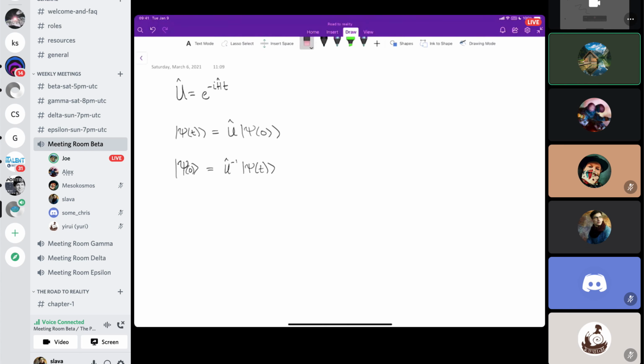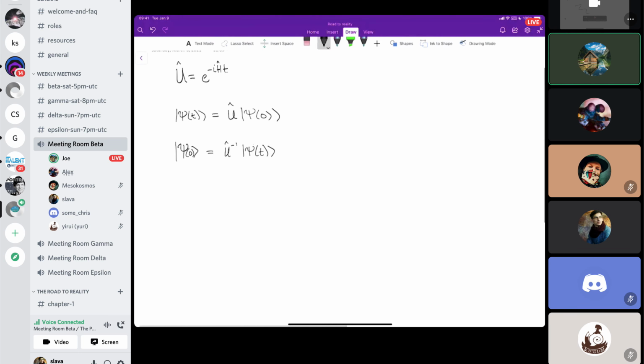And then rewriting this equation by multiplying both sides by U inverse, we end up with the initial state being U inverse times the state at time t. So this is our starting point.